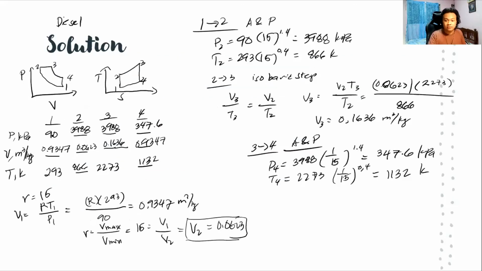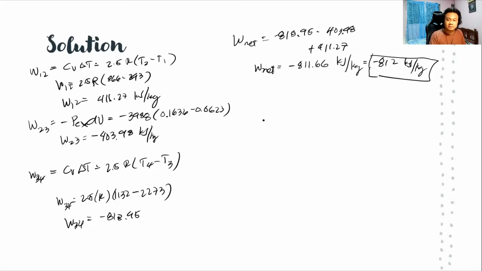So let's solve the mean effective pressure, which is actually the next that we can get here. So we have the absolute value of our net work, which is 812. Let's just use the unrounded one, over Vmax minus Vmin.